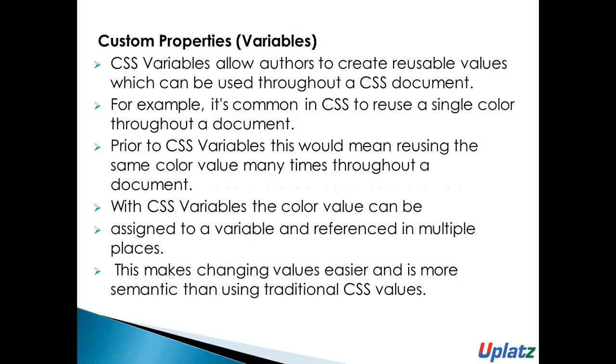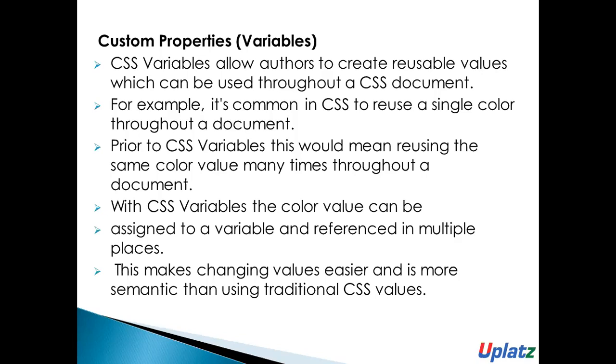So next is custom properties. The CSS variable allows you to create reusable values which can be used throughout the CSS document. For example, it is common in CSS to reuse a single color throughout the document.